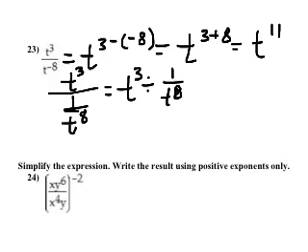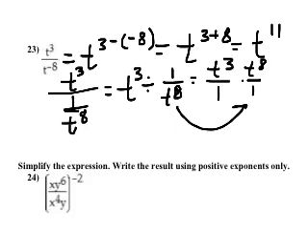And how do we divide fractions? Well, we turn them into multiplications, right? So we go t to the third over 1 times t to the 8th over 1, the reciprocal of this. And that equals t to the third times t to the 8th. 3 t's times 8 t's times themselves is 11 t's times themselves. So we can just go t to the 11th.